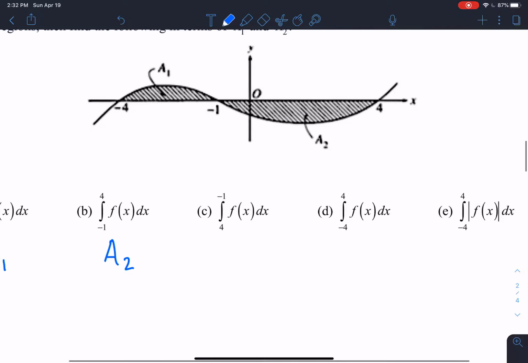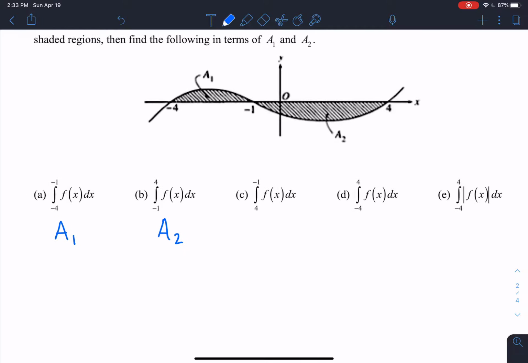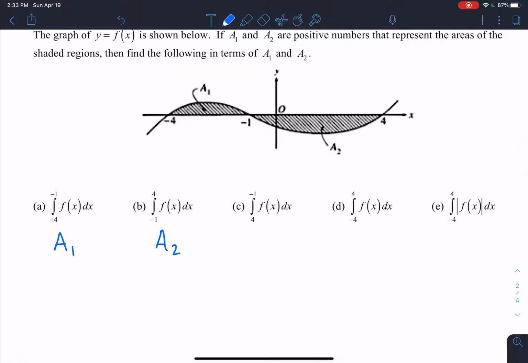Now I'm going from 4 to -1. I'm working backwards. Let me back up: from -1 to 4 from the second one, that should be negative because that's below.